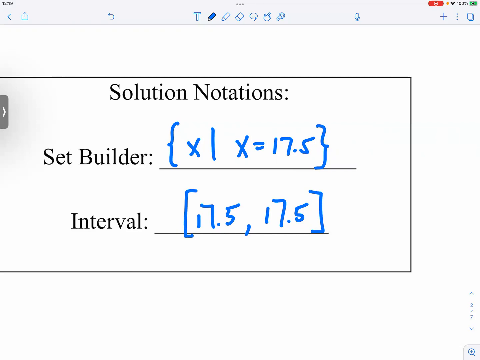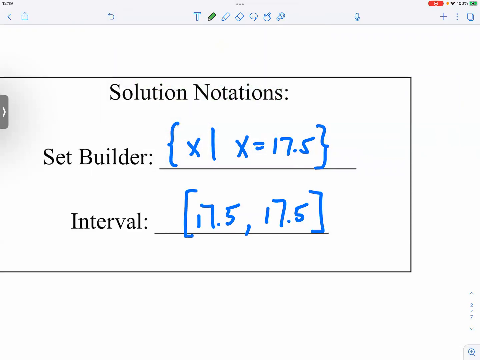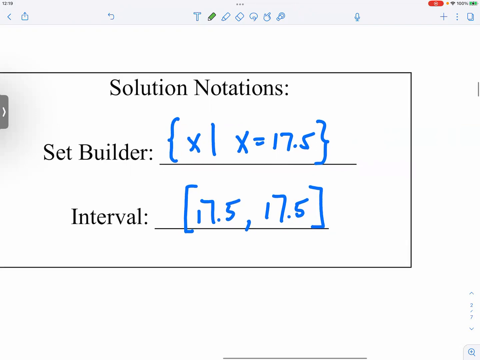So we don't usually use interval notations to express a single value, but well, we have a single value here. So we'll learn how to express the single number solution with interval notation. So this opening bracket means from, and bracket also has a meaning of it being inclusive. So we are saying from 17.5 and also including 17.5.